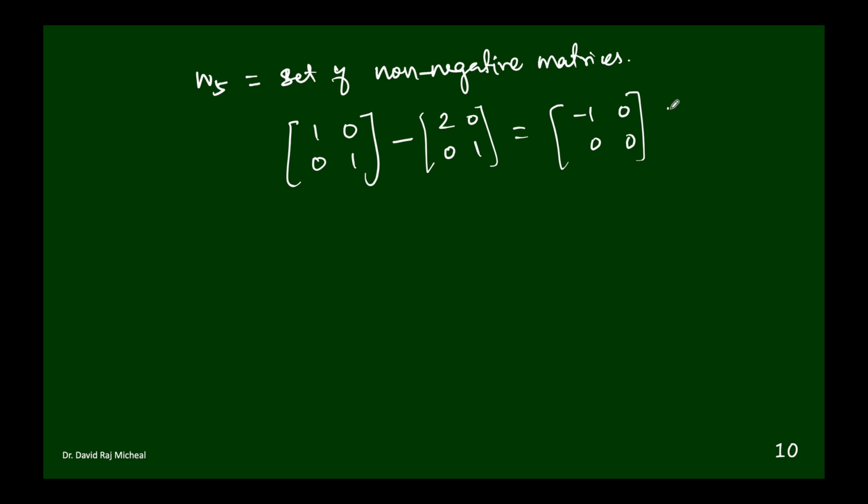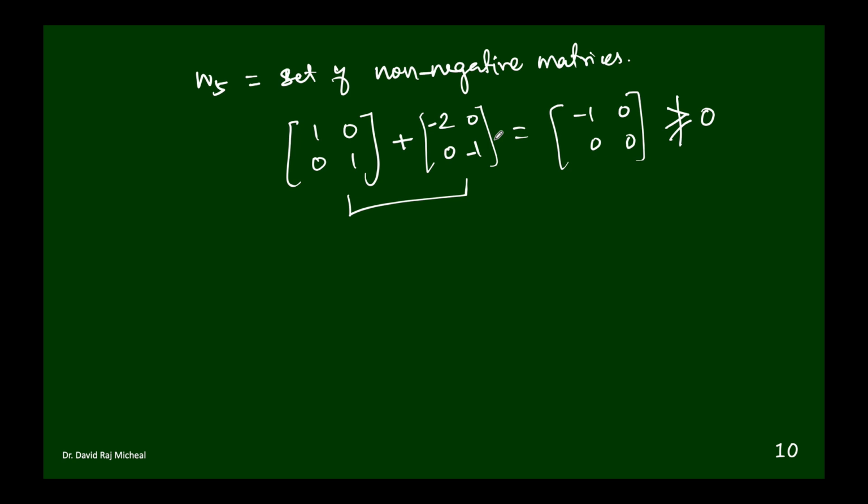Definitely, this is not a non-negative matrix. Therefore, the binary operation is not satisfied, which means if I wanted to, I could write plus minus 2, then plus minus 1, that's also fine. Anything is fine for me. Therefore, the set of all non-negative matrices is not a subspace of Mn. Okay. Similarly, you can verify other matrices as well, whether the set of all singular matrices forms a subspace or not. All these things we can do.